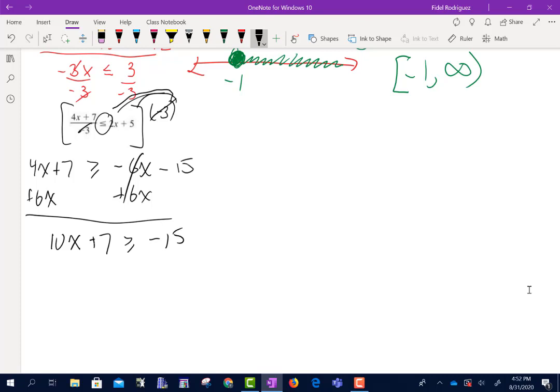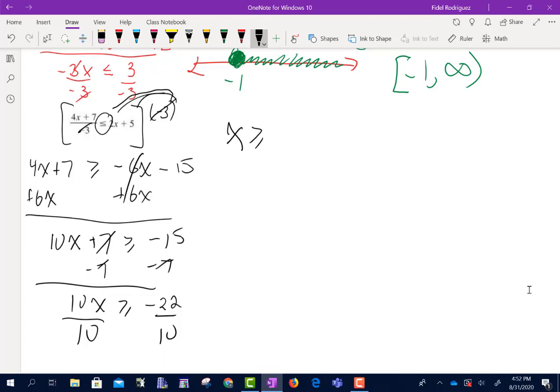Okay. Now, let's go ahead and add 6x to both sides. And let's see, that's going to give me 10x plus 7 is bigger than or equal to a minus 15. I'm going to go ahead and minus 7 on both sides. And let's see, that's going to give me a 10x is bigger than or equal to a minus 22.